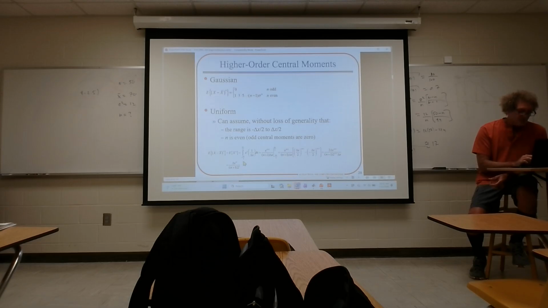Really, you just have to worry about even values, but the fourth central moment probably includes that. If it's the fourth central moment, it's going to be delta x to the fourth, that's the spread, and it's 2 to the fourth, 16. But it comes down to a nice, easy thing.